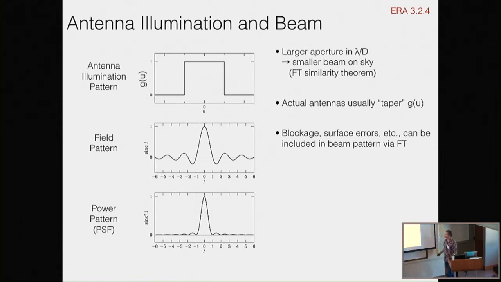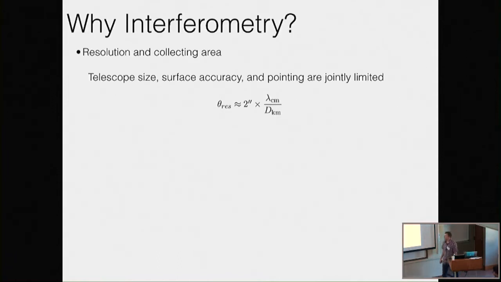Okay, so to interferometry. Let's talk about why we're bothering to do interferometry, which is the combination of separate radio dishes into one big radio dish. And the simple answer is that if you want to make a more sensitive telescope, you want to get a bigger telescope to gather more of the watts per meter squared, or hertz.